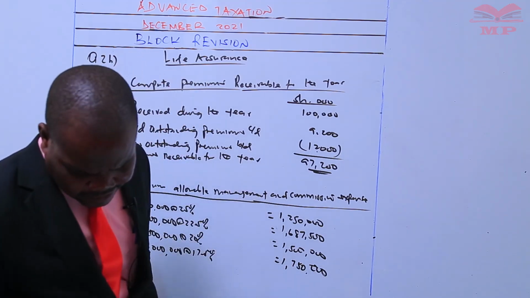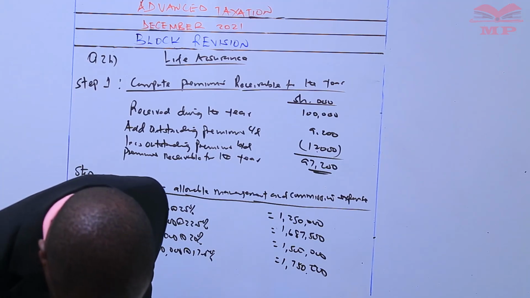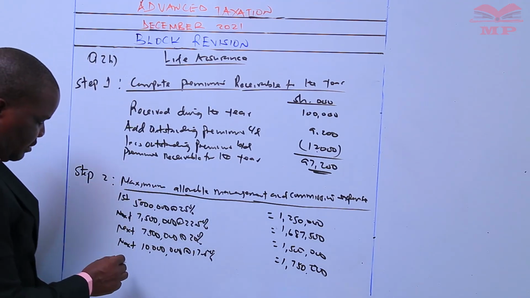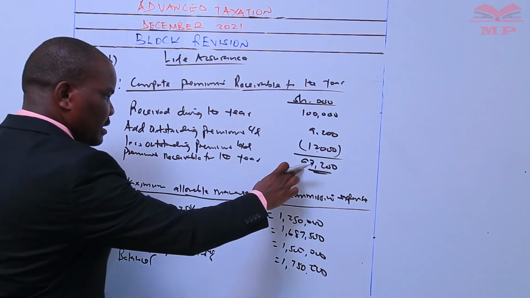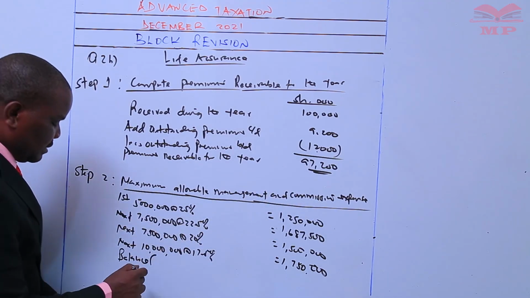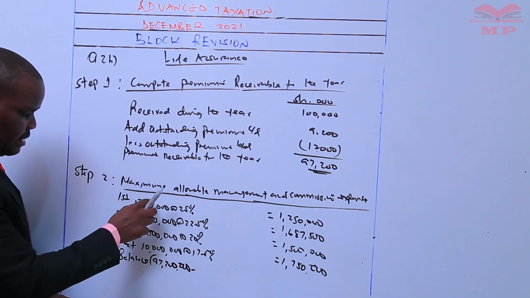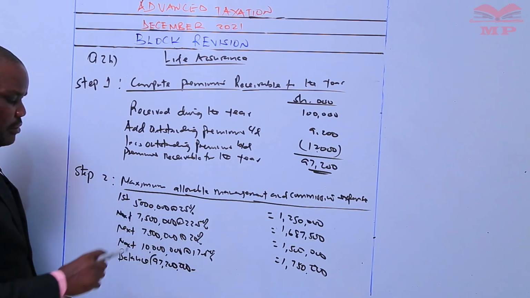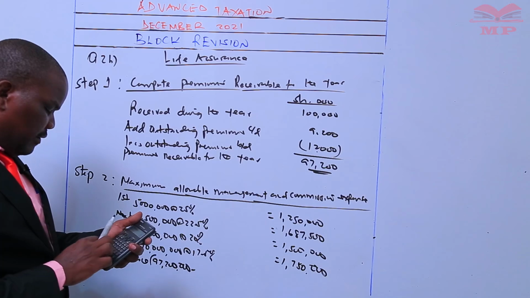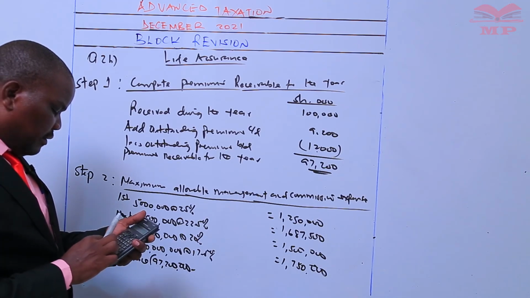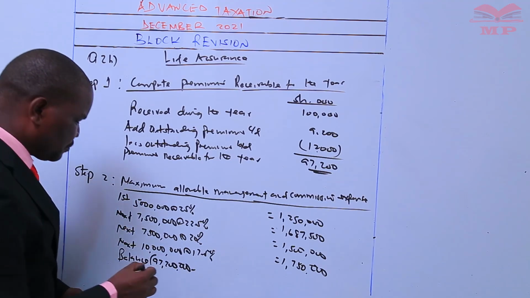Then the excess, that is the balance, at 15%. The balance now is this figure here less the sum of all this. That is 97.2 million minus the sum of all this. We can confirm: we have 5 million plus 7.5 million plus another 7.5 million plus 10 million, a total of 30 million.